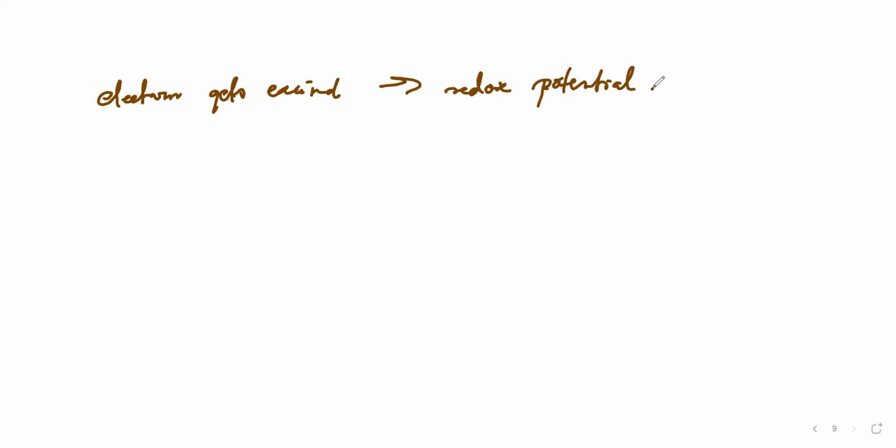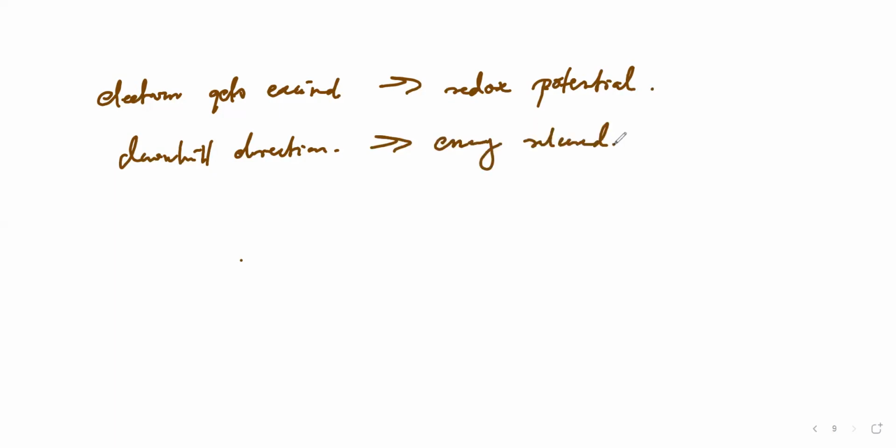So whenever these electrons are passing downwards, this is called the downhill direction. When this is happening, energy will be released. That is ATP. And this energy is going to convert ADP, adenosine diphosphate, to ATP, and NADP to NADPH.